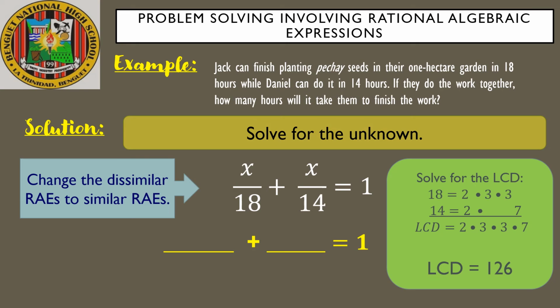This means for the first RAE, to change its denominator 18 to 126, we need to multiply 7 to 18. But doing this means we also multiply 7 to the numerator x. For the second RAE, we multiply 9 to the numerator and denominator because the denominator 14 has to be multiplied with 9 for it to be equal to 126.